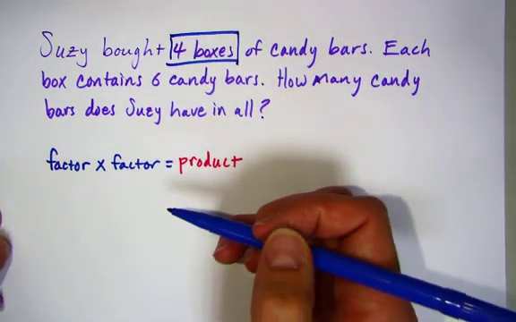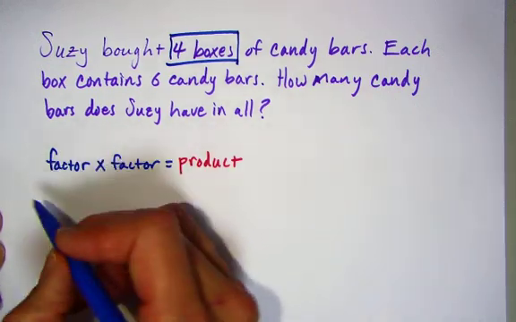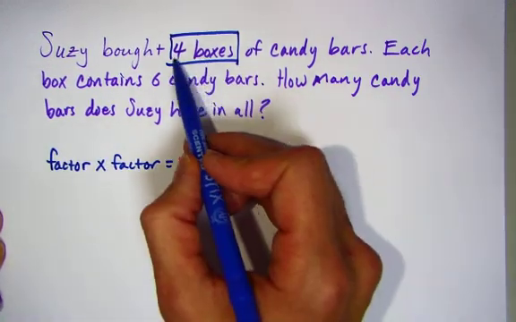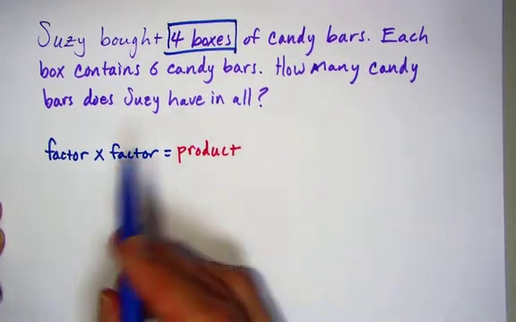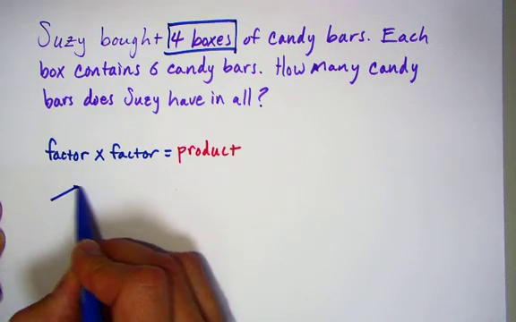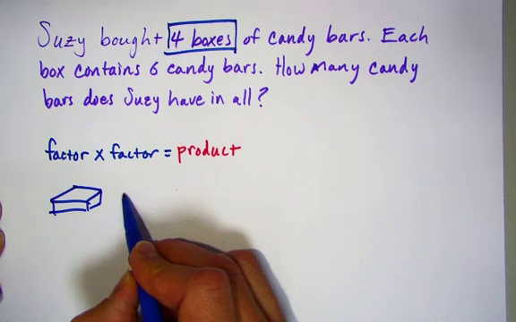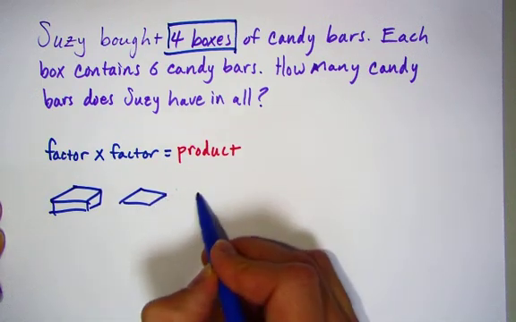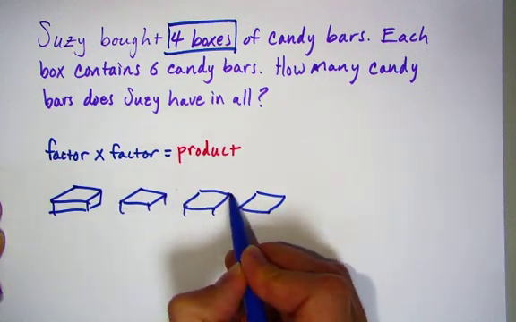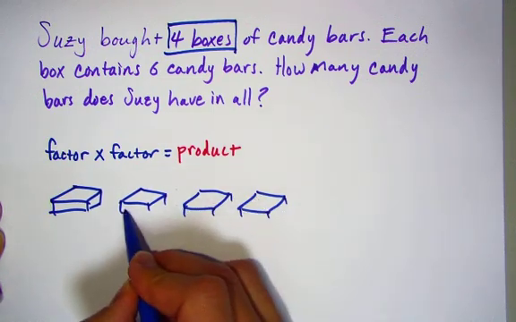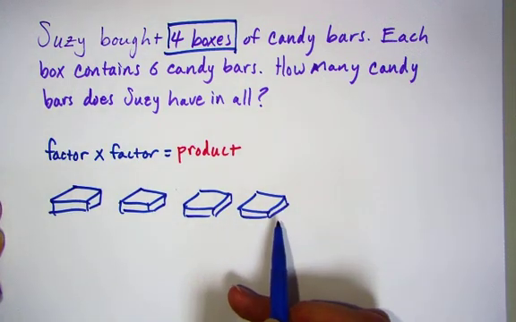And in a multiplication sentence, the first factor is going to be our equal groups. If I draw a little picture right here, boxes are going to be our equal groups. So there's 1 box. And there we go. We have our 4 boxes.